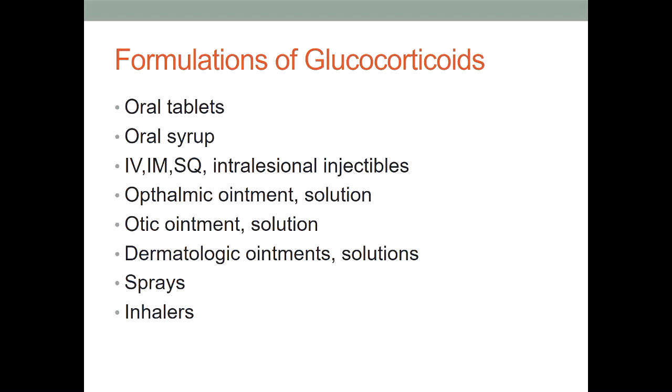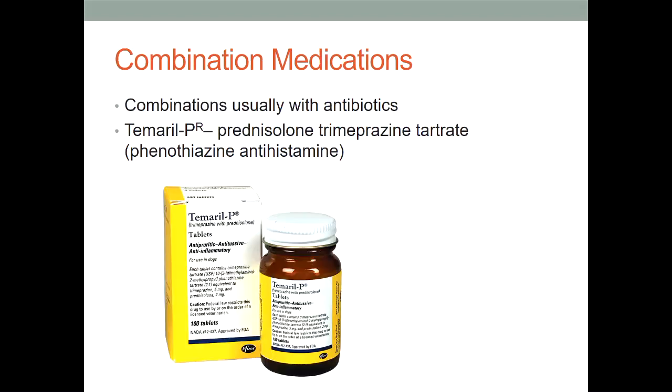need glucocorticoids. And the other thing that I want to remind you about is there is a ton of glucocorticoid combination medicines out there. And these can be tricky, and the best example I have is Temaril-P. It has this tiny little bit of prednisolone in it. It's made for allergies because the steroids really help with allergies.